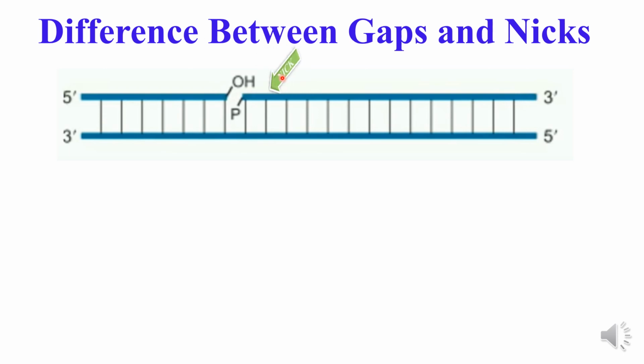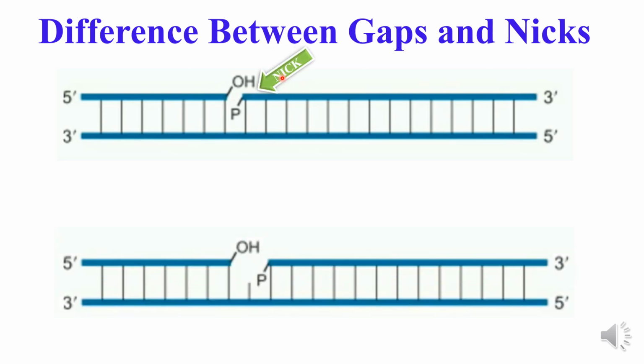So this is the nick, and this is another example of a DNA molecule in which you can see that in one strand all the nucleotides are there, whereas on the other strand at one place the nucleotide is missing.